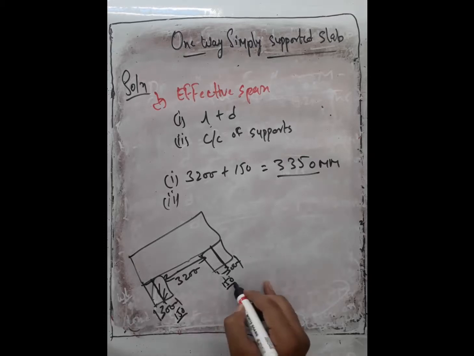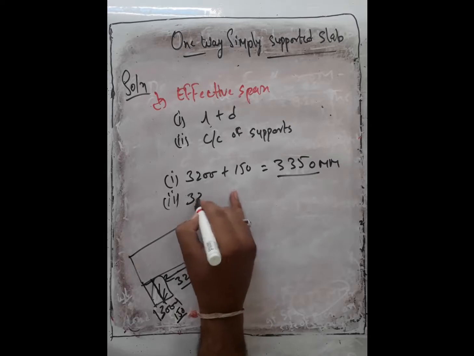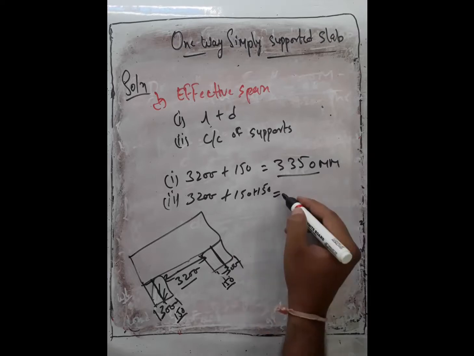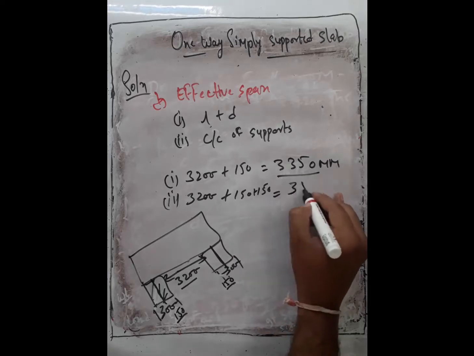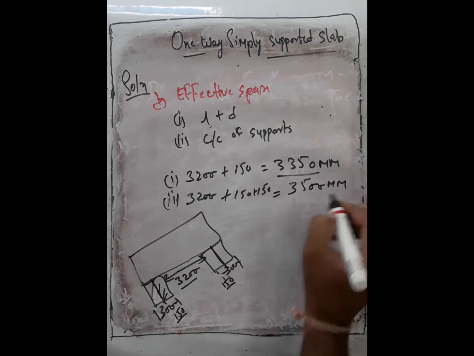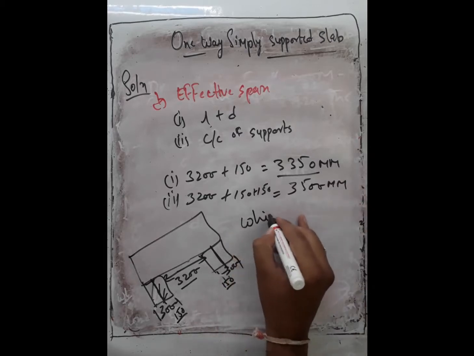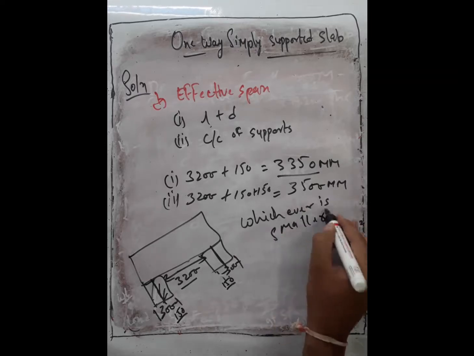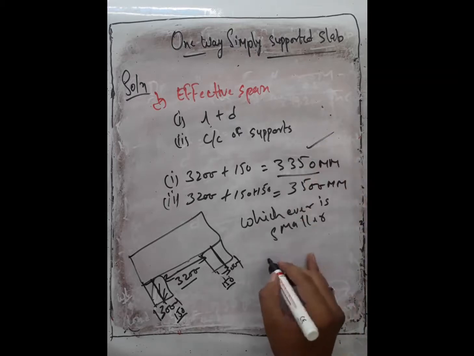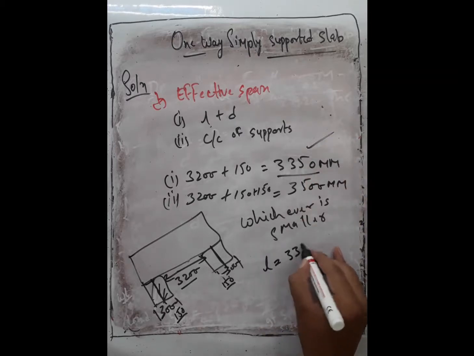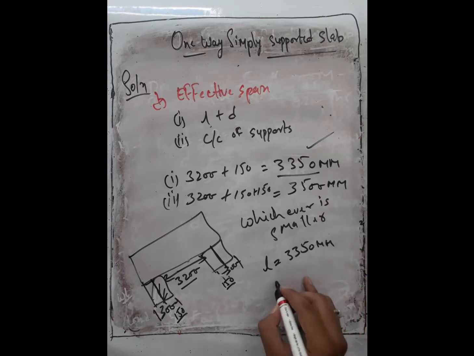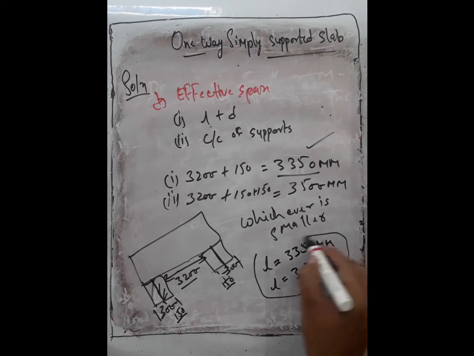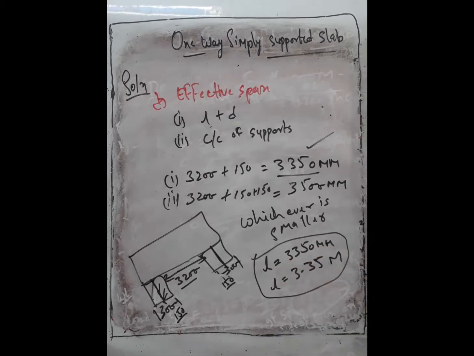So 3200 plus 150 plus 150 gives 3500 mm. Now we have to take whichever is smaller. The smaller one is 3350, meaning effective span is 3350 mm, or L is equal to 3.35 meter.